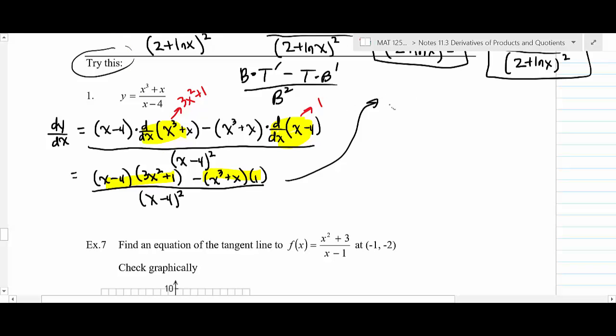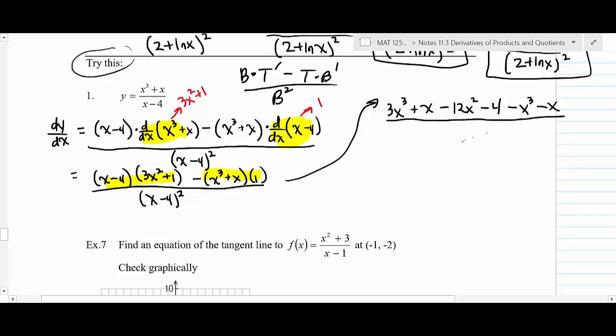So if you FOIL this, you're going to have 3x to the third plus x minus 12x to the second minus 4. Now what is this minus going to do to these parentheses? It'll change the sign, so be careful. That's minus x to the third minus x. And of course you're multiplying it by 1.